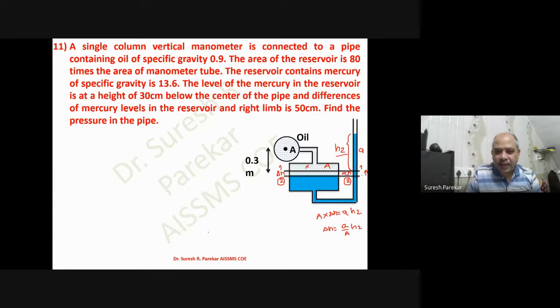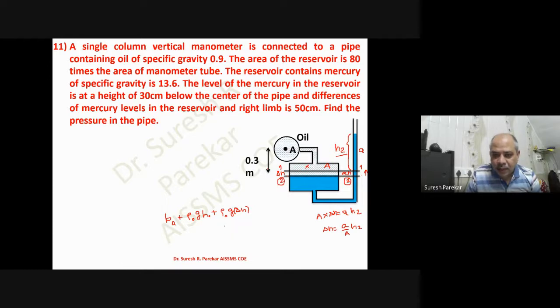If I write the equation, I have PA plus rho of oil into g h of oil plus rho of oil g into delta H of oil. So delta H is the depth.